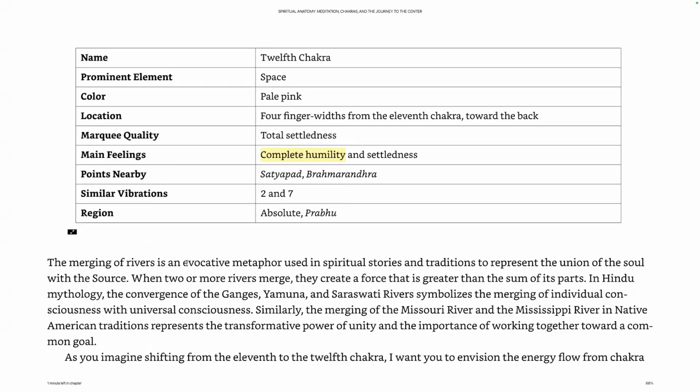So in Hindu mythology, the convergence of the Ganges, Yamuna, and Saraswati, these are the rivers, symbolizes the merging of the individual consciousness with universal consciousness. Similarly, the merging of the Missouri River and Mississippi River, and in Native American traditions, represent the transformative power of unity and the importance of working together towards a common goal.